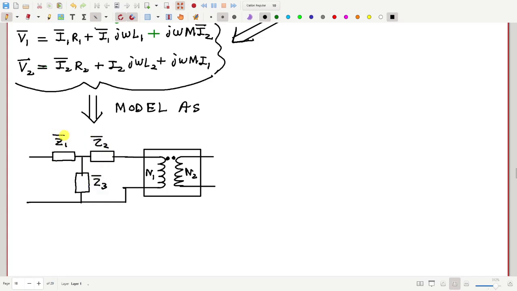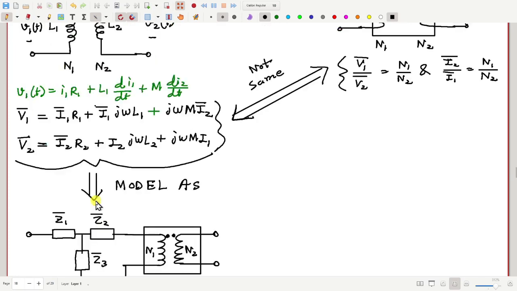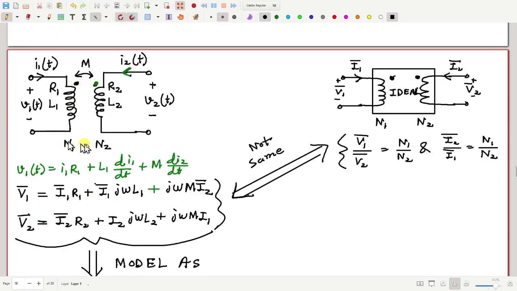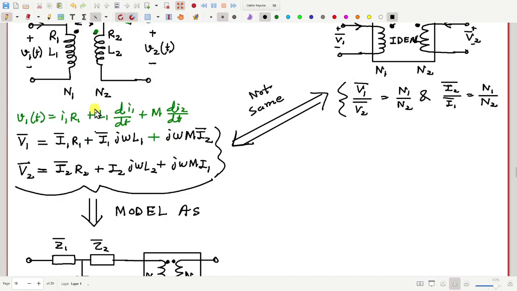We want this ideal transformer together with these impedances to behave like this transformer. They should be equivalent.